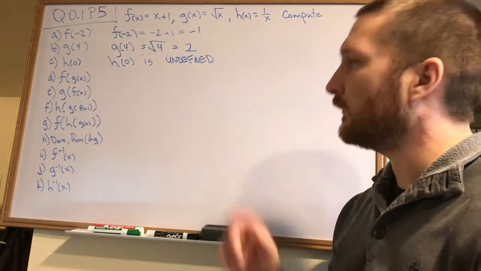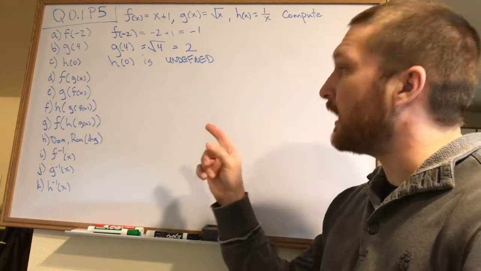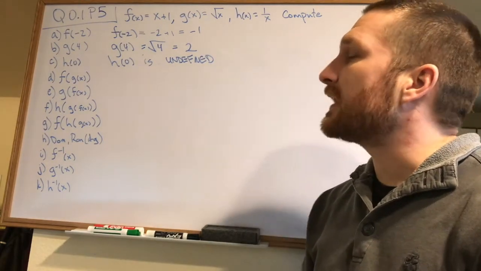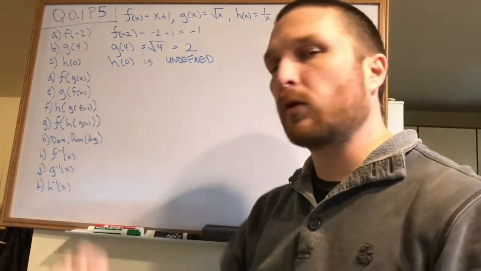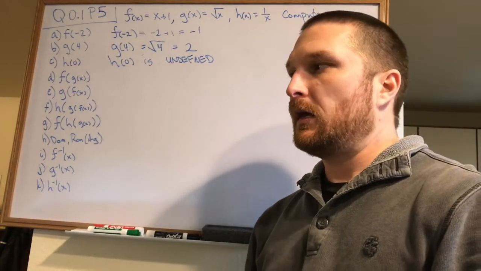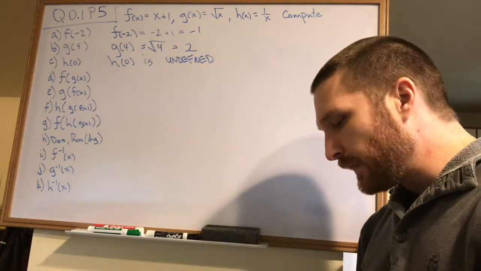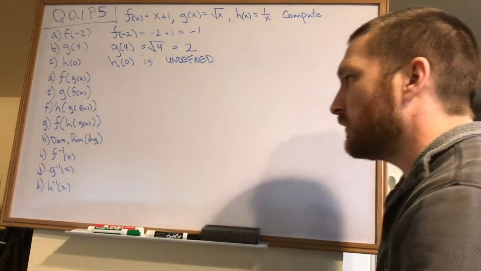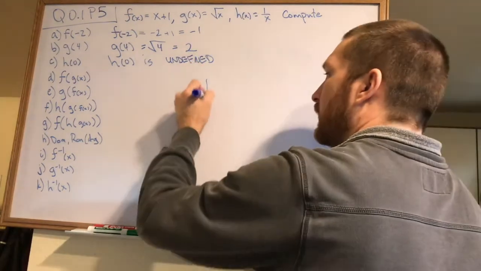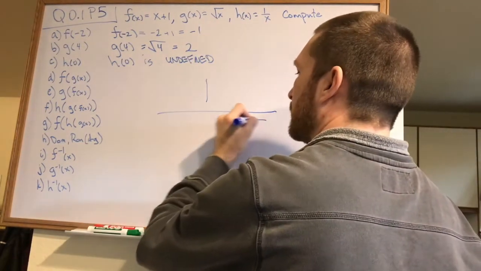So, okay. Now, f of g of x. So now I'm asking for a formula, right? And so what I like to do is imagine that I have some really complicated formula here.